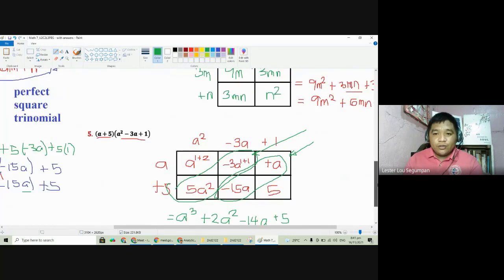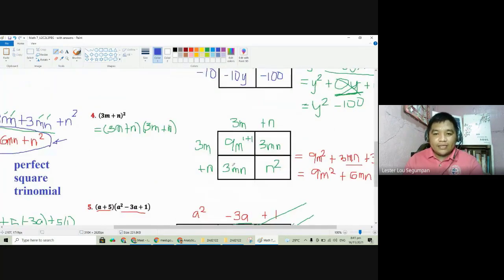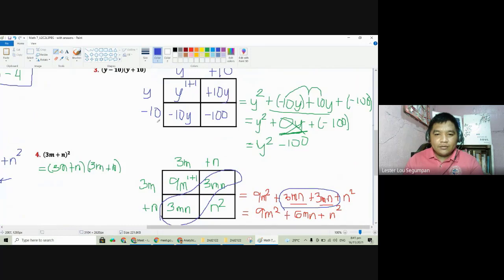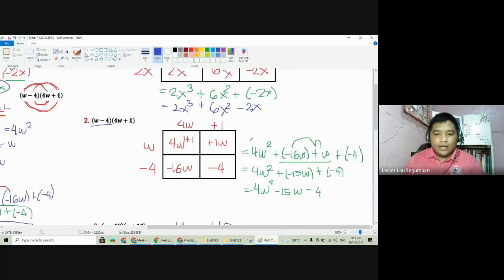This is the unique way of understanding the lattice diagram or area model. This is also true at the top here. Looking at this diagonal portion here, these are the terms that you are adding. Same as here, these are the terms here, and even in number two. Right?